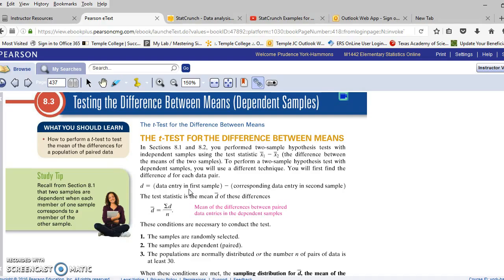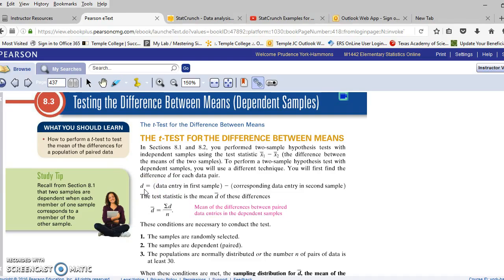You have 30 weightlifters, and we see how much they can bench press. Then we go through a specific training method to hopefully build their muscle strength, and then we test them later and see how much they can bench press. And so the D value would be the difference in how much they could weight lift in the beginning minus how much they could weight lift at the end.